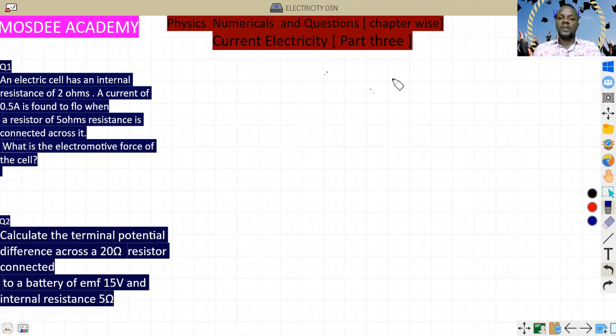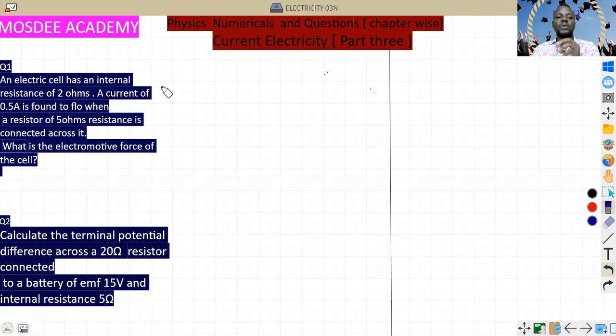Fine. We have discussed that before, and we have different methods we use to write formulas for electromotive force. Like I tell you guys, it all depends on the nature of the question and the parameters given.